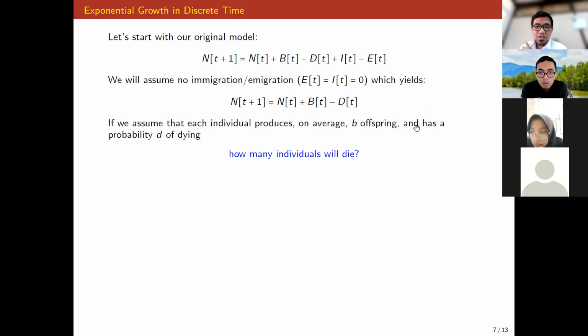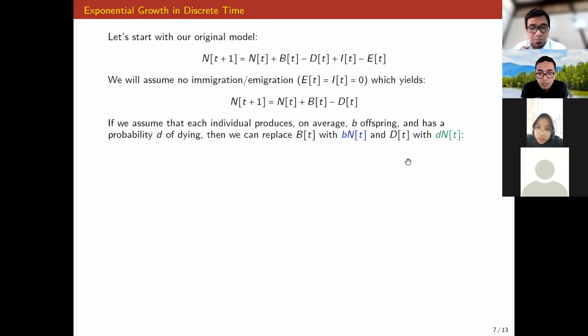And now we also have the probability of death. Any species dies with the probability D, for example, how many individuals will die. So we can replace B_t, because B_t is the number of births, with B times N_t.